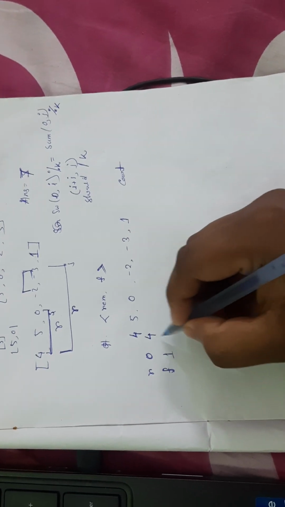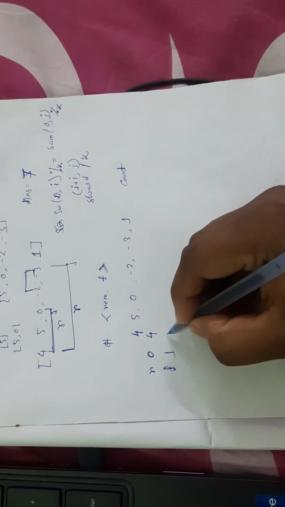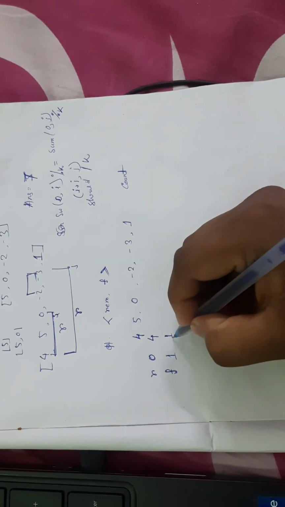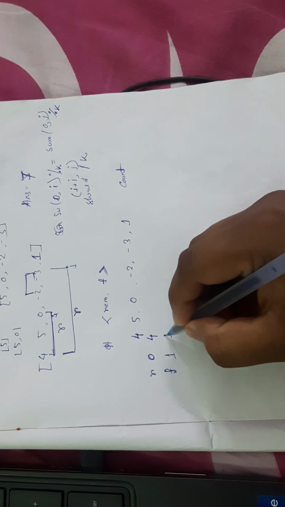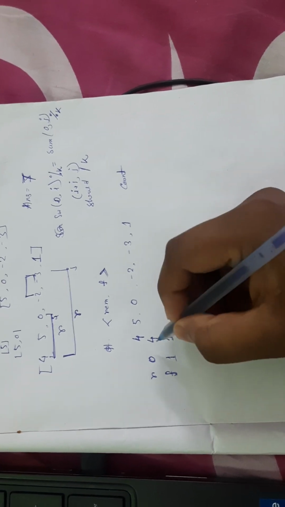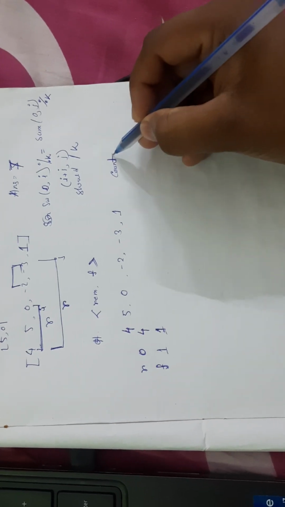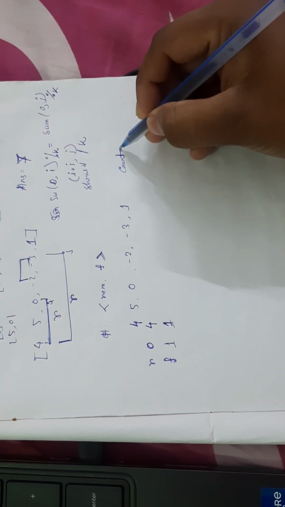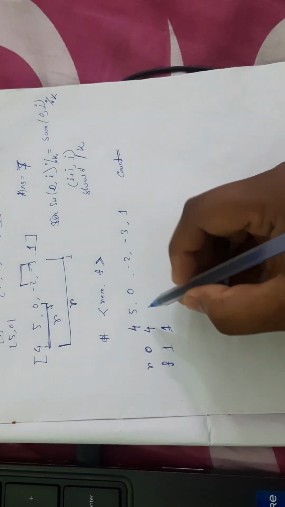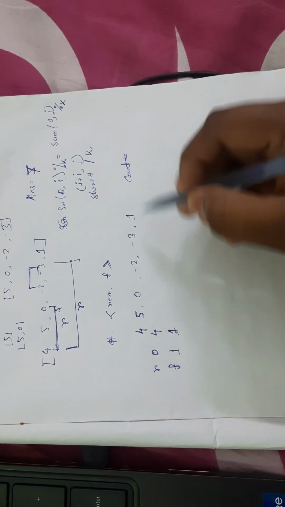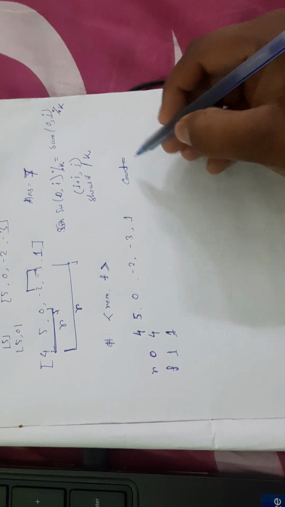So we are getting remainder 4, and the frequency of remainder 4 is 1, so we will not add any value to the count. Whenever we get a second occurrence of 4, only then we increase the count.